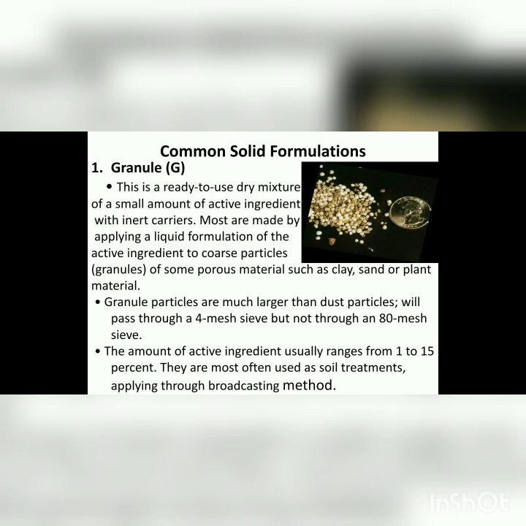Then granule particles are much larger than dust particles. They can pass through a 4 mesh sieve but not through an 80 mesh sieve. Then the amount of active ingredient usually ranges from 1 to 15%.